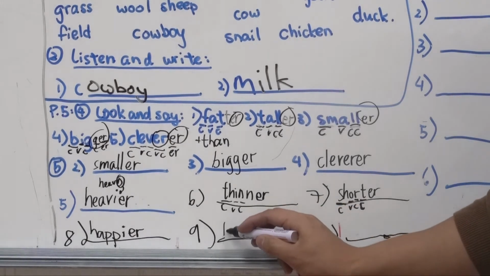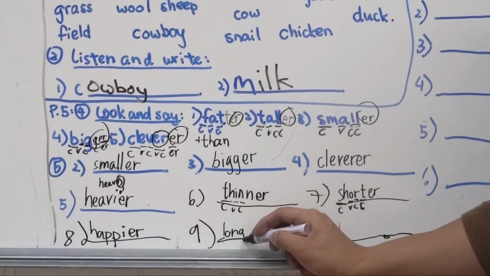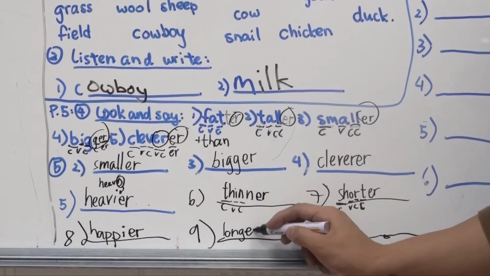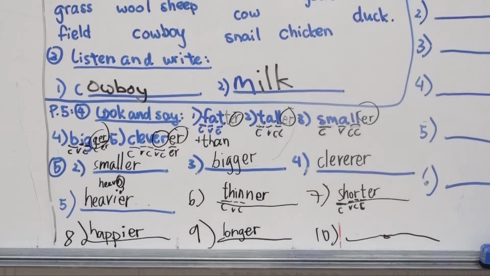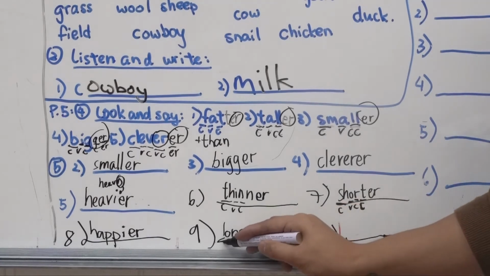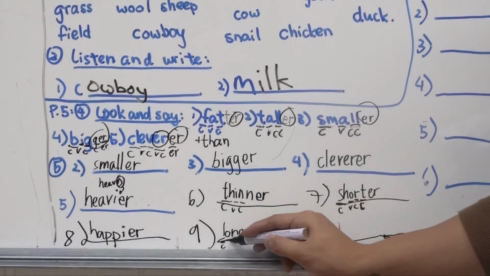Number 9 is long. L-O-N-G. Okay, long is longer. Just add ER. No need to put another G. Alright, so this one is an exception. We call these words exceptions when the rule does not follow. L is C, O is V, and NG is one sound.